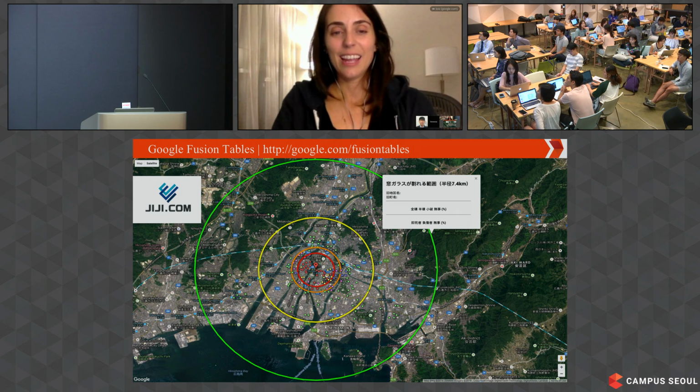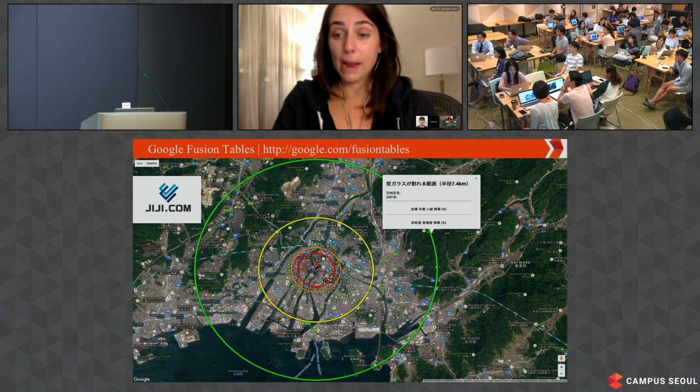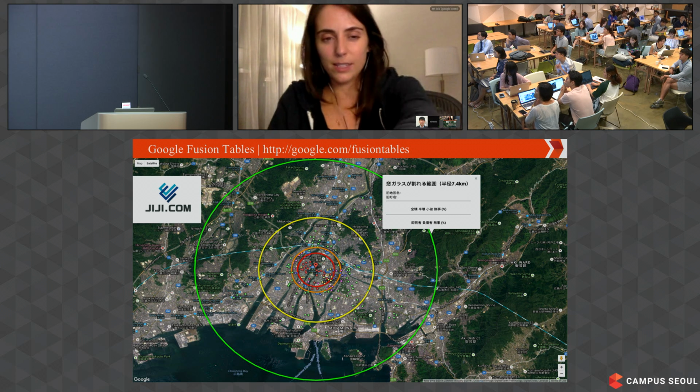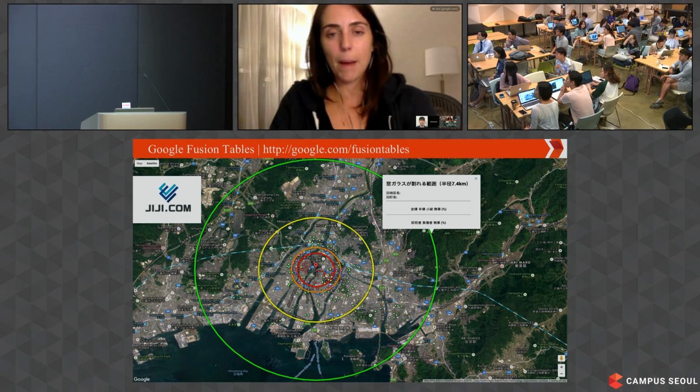Next slide. This is another one, and I just got this a couple months ago from a website in Japan. This is showing, I think, damage sites, and you can see some of the text on the map itself.